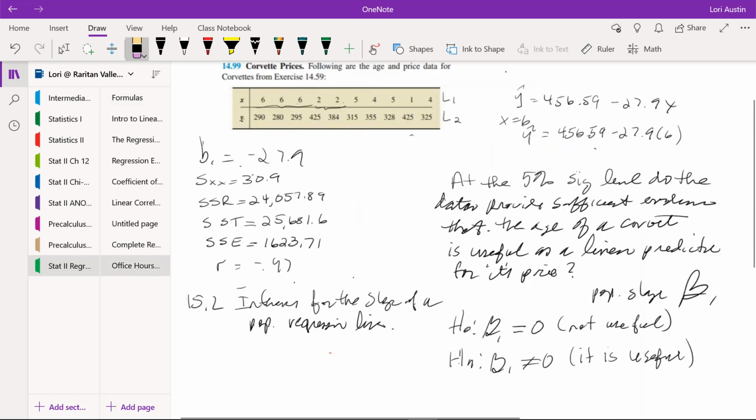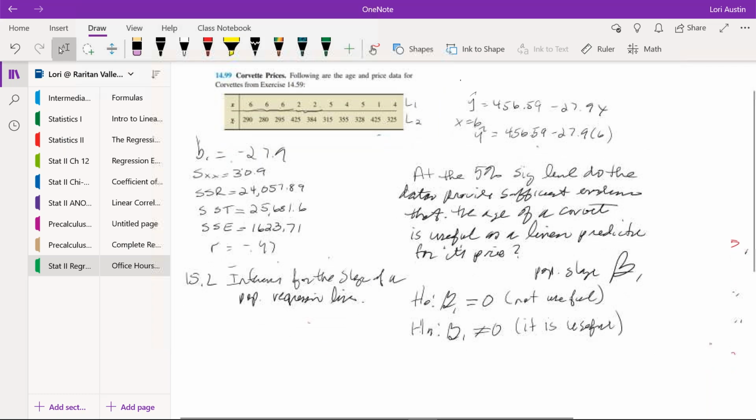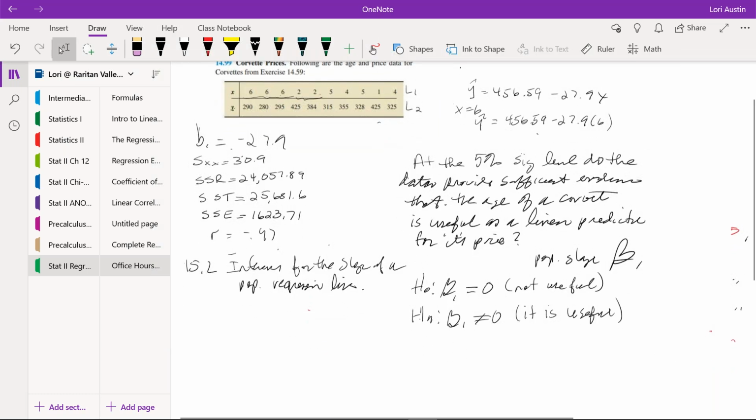If you take a look at usefulness, I think it lists for you, at the beginning of chapter 15, H sub 0, B sub 1 equals 0. Yes. So anytime you hear usefulness, this is what you're using. The formula is a t-value formula.